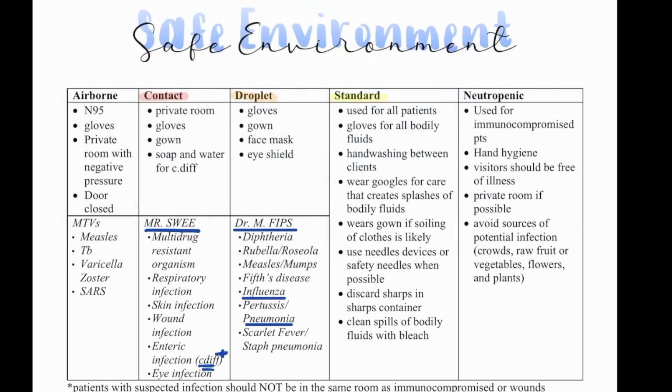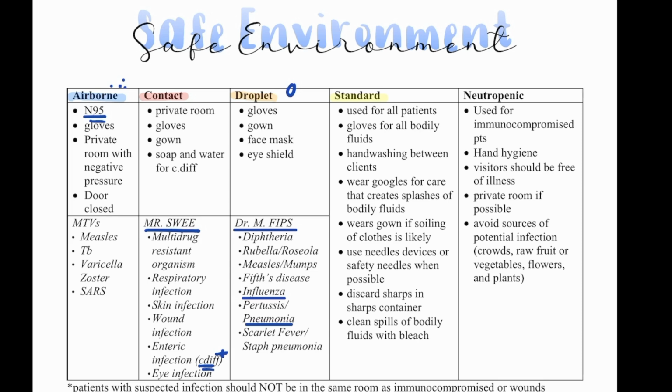The next one is airborne precautions. And the big one with airborne is the N95. That's what you need to remember. These airborne particles are much smaller than the droplet particles. So we have our droplet, and our airborne are really tiny. The airborne particles can get between a face mask and get through to us, which is why we need an N95.